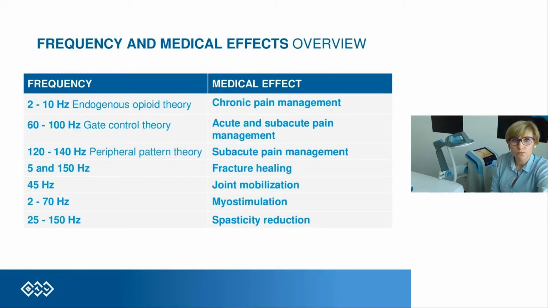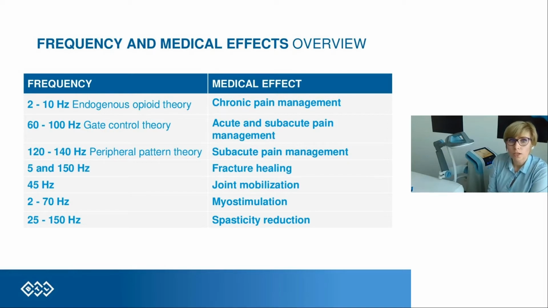And as I told you before about the frequency and the pain management, you can see here the different ranges of the frequencies which are intended for different effects we want to reach. So if we are working with chronic pain management, we are using 2 to 10 hertz to reach the endogenous opioid theory of pain.